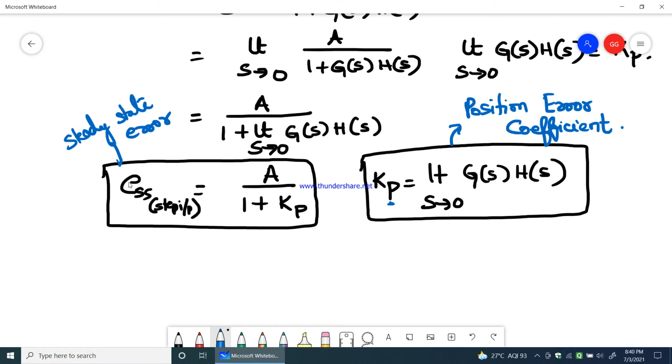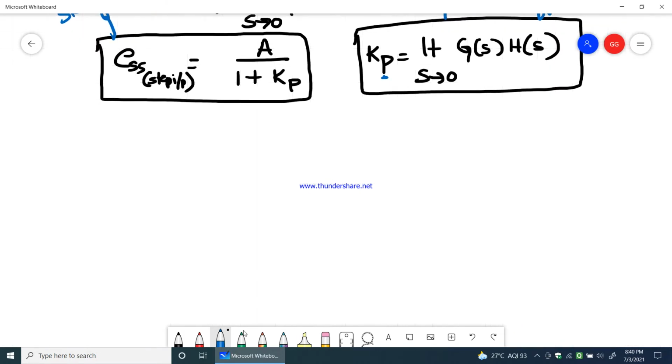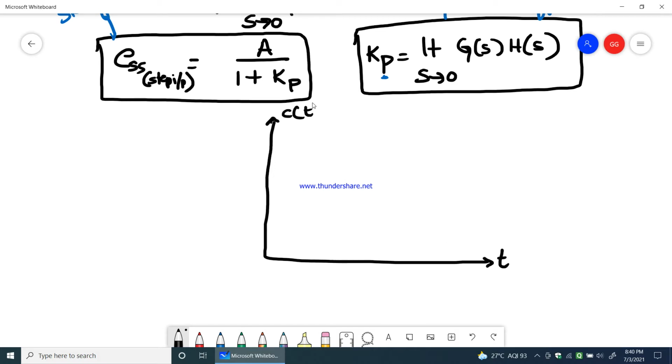Okay, now we will try to draw the curve for this. Normally you will have a curve where this is time and this is the response c of t, which should be equal to the step input applied. So your output should be constant, but your system will not give you a constant output.